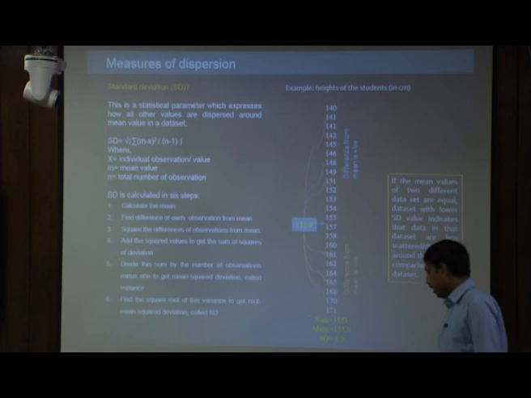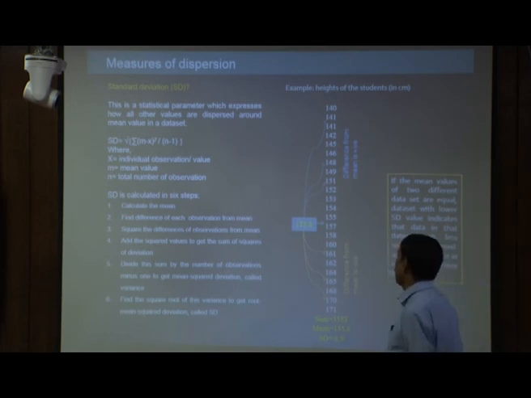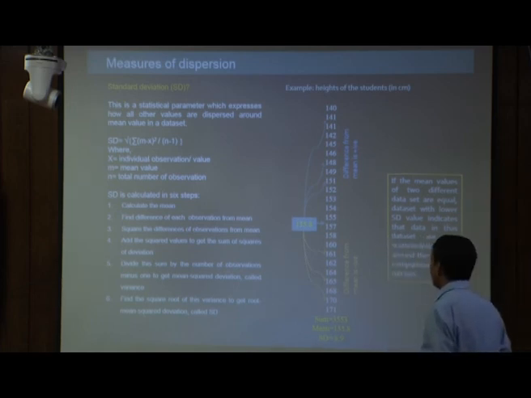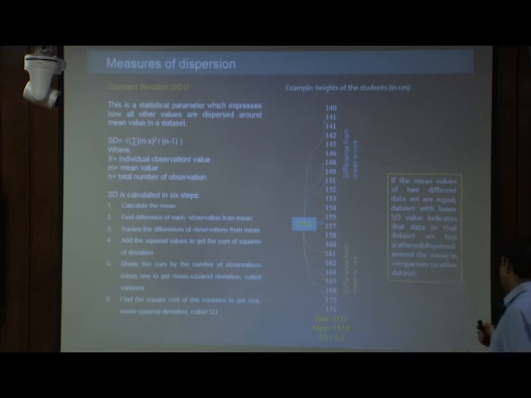Now, the next important statistical parameter is standard deviation. We are coming to this example. Say this is also students' height in centimeters, starting from 140 centimeters and ending at 171 centimeters.